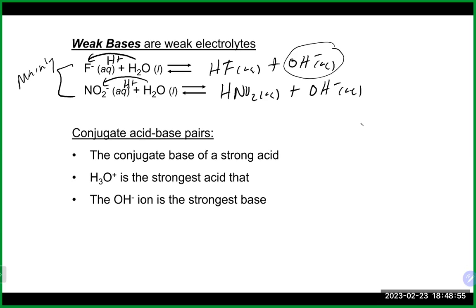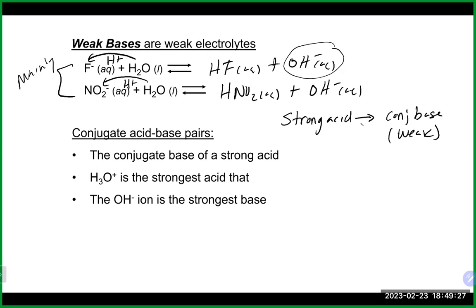Now, there is an important relationship between acids and their conjugate pairs, which is really important for something we'll talk about a little later in this chapter, which are salts. The relationship is this: if you have a strong acid, its partner, the conjugate base, is going to be relatively weak. So what does that mean? It means, as we will talk about later in this chapter, it pretty much will not continue to react with anything.